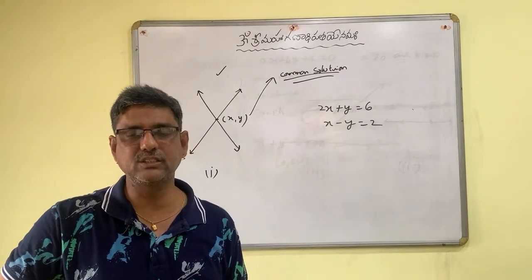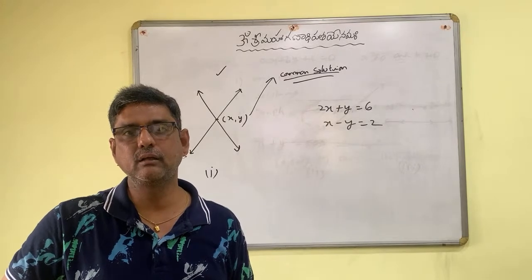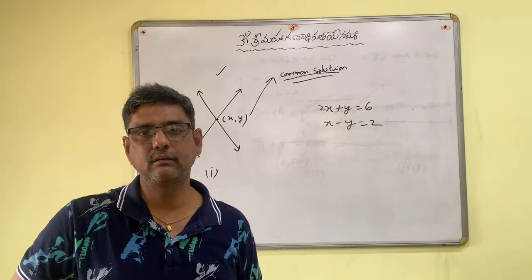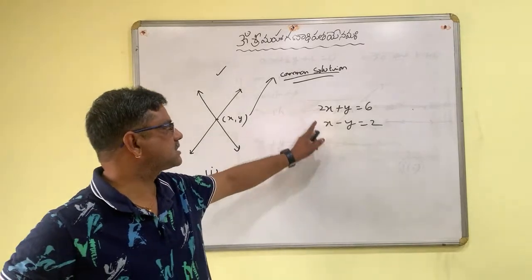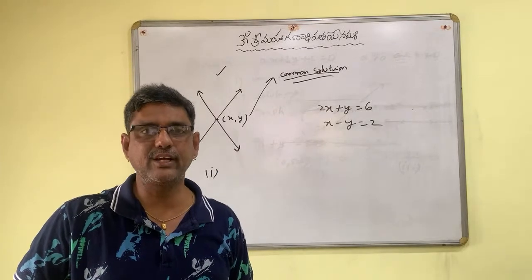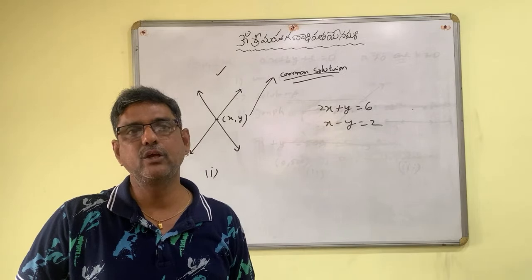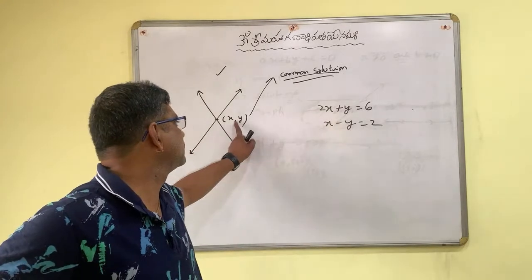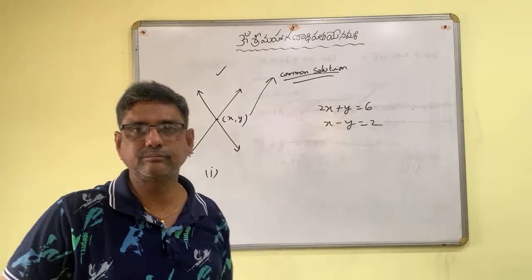We need to find out the common solution graphically. Means we need to draw the graph of both the equations, and they will intersect each other at one point. That is the common point, the common solution.